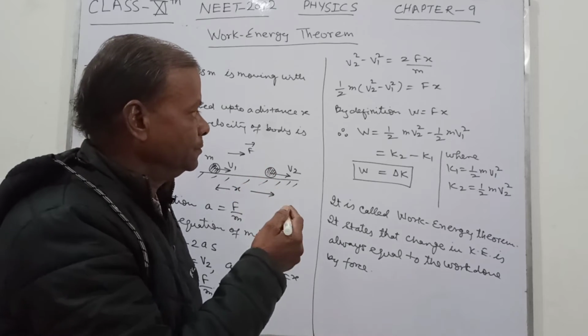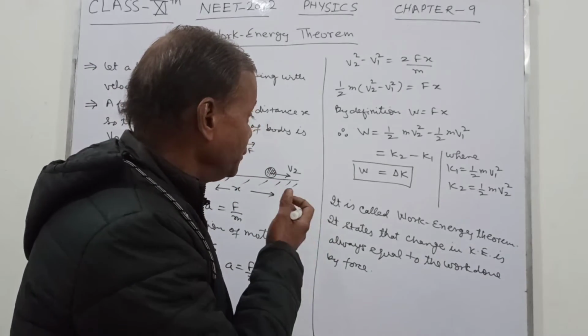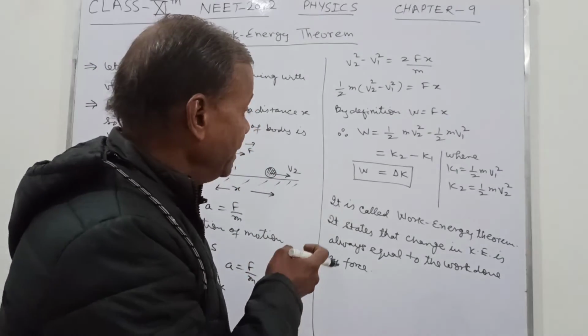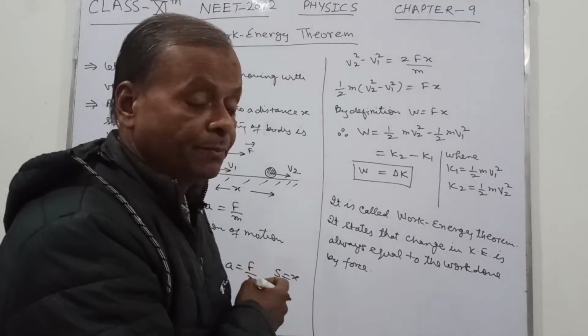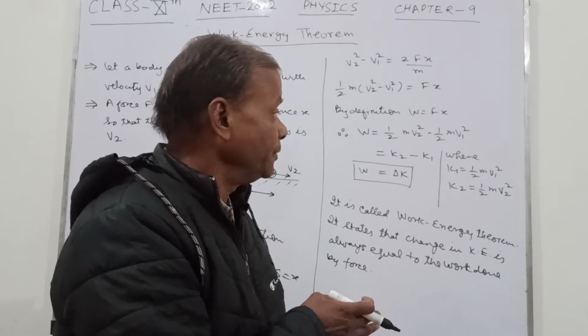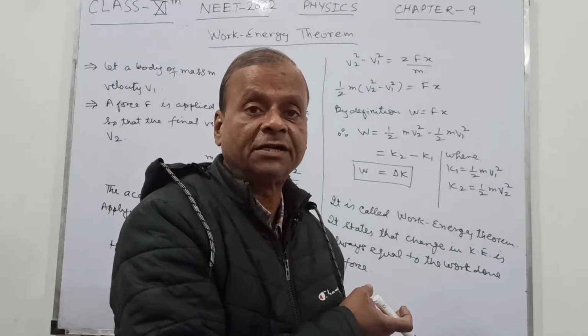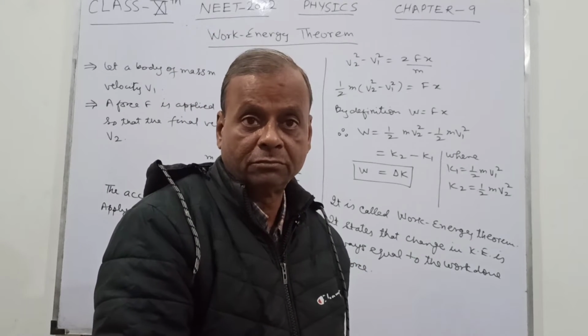If suppose this kinetic energy decreases, then W equal to minus delta K. And if the kinetic energy is increasing, then W equal to plus delta K. So in that way, if there is suppose no change in the kinetic energy, then work done is equal to 0.